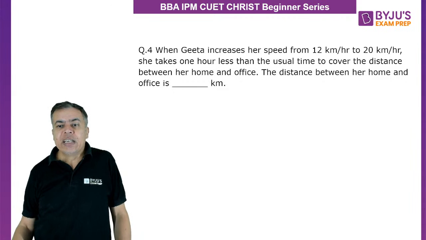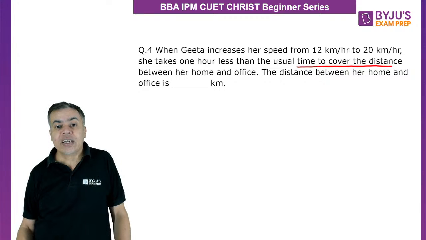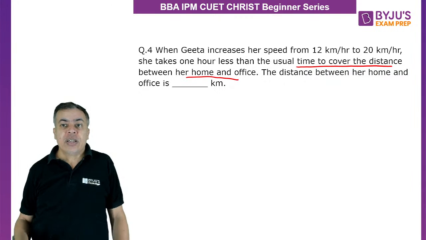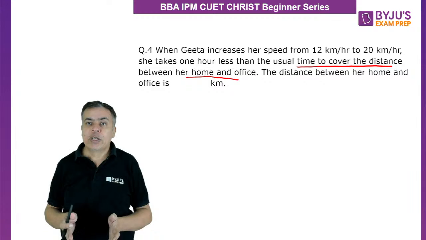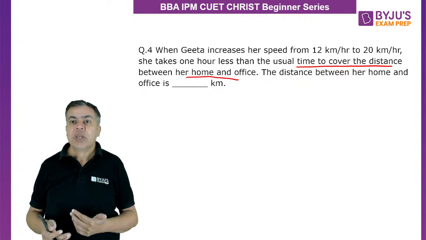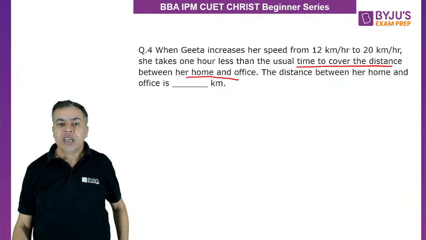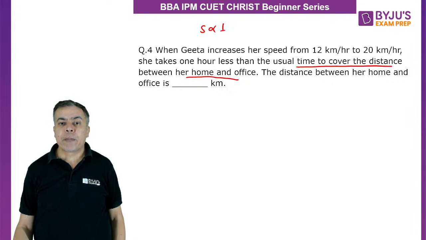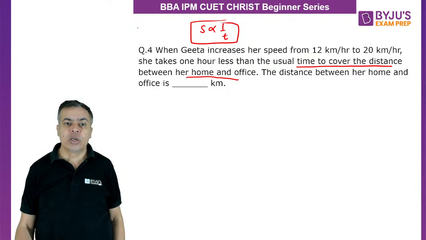If the distance is constant, because in both cases he is talking about covering the distance between home and office, which is not going to change, then speed is inversely proportional to time taken.